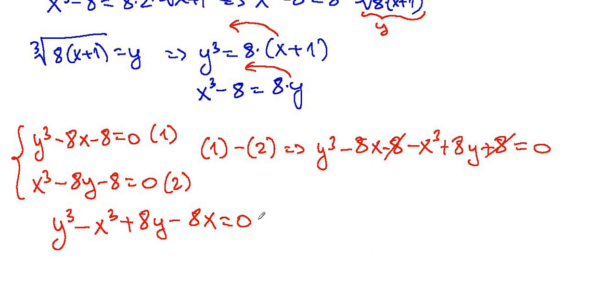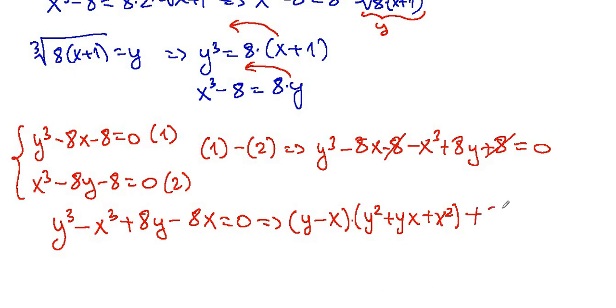So now we have a possibility to factor this equation: y cubed minus x cubed gives us y minus x times y squared plus yx plus x squared, and plus, if we factor out 8, then y minus x is equal to 0.